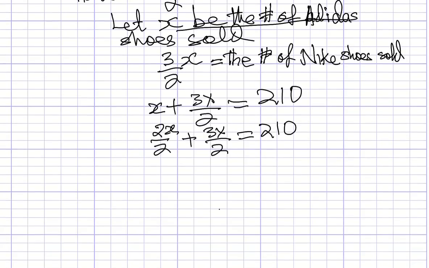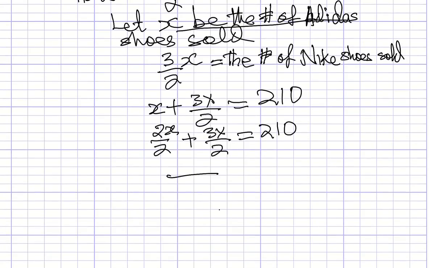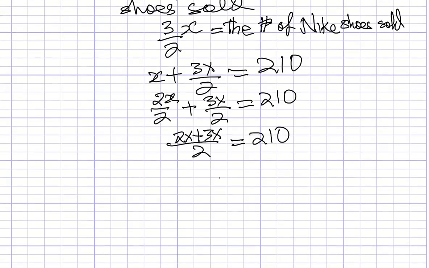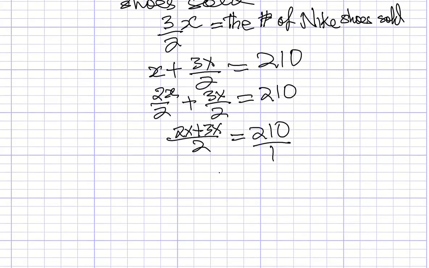The same denominator will help us combine the left side. We'll get 2x plus 3x over 2 equals 210. It's over 2, not over 4, because we combine them. Then we can say over 1 and cross multiply.